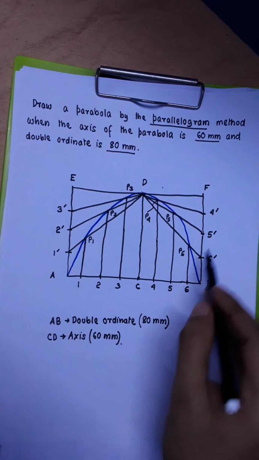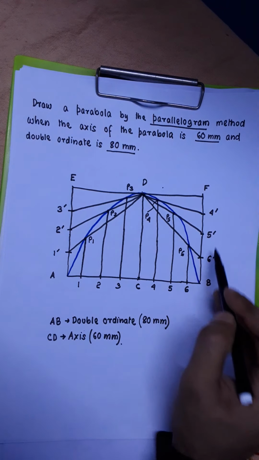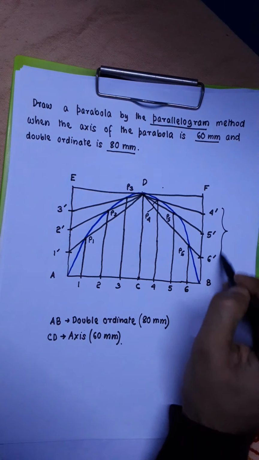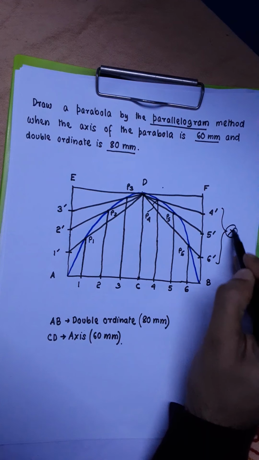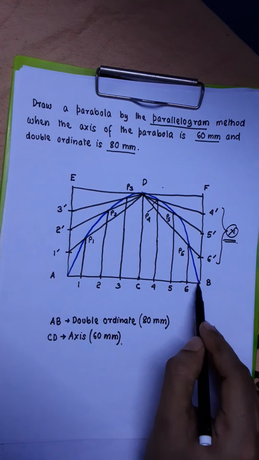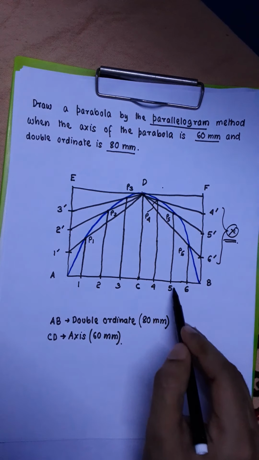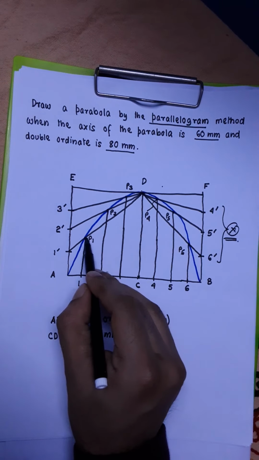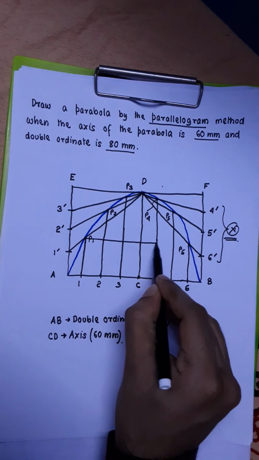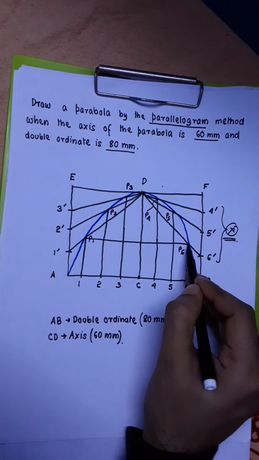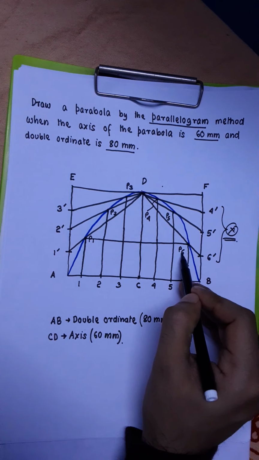What you can do is, you can skip dividing this FB into 4 equal parts. This part you can skip. You divide this into 4 equal parts, then just draw vertical lines from these 3 points. And then from this point, if you draw a horizontal line and extend it up to the vertical line originating from 6, you will get the point P6.